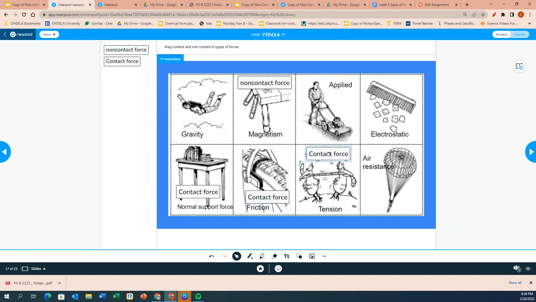The pulling of, here's a worm, so that's a tension force. Air resistance. And applied force, where you're actually pushing things. But non-contact force would be gravity pulling us down and electrostatic. It doesn't have to be touching in order for it to work.